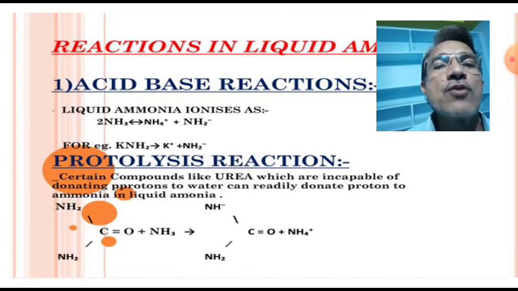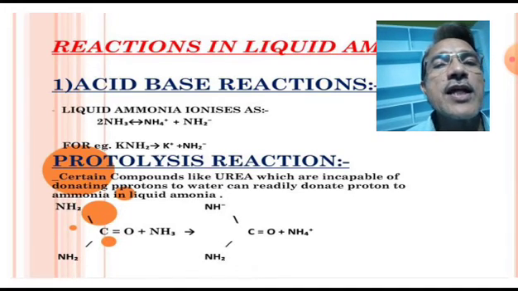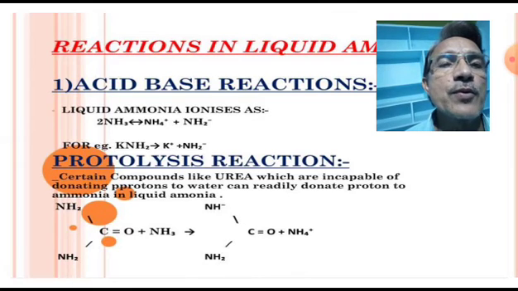When urea combines with ammonia, it produces ammonium ion. This ammonium ion can lose a proton.